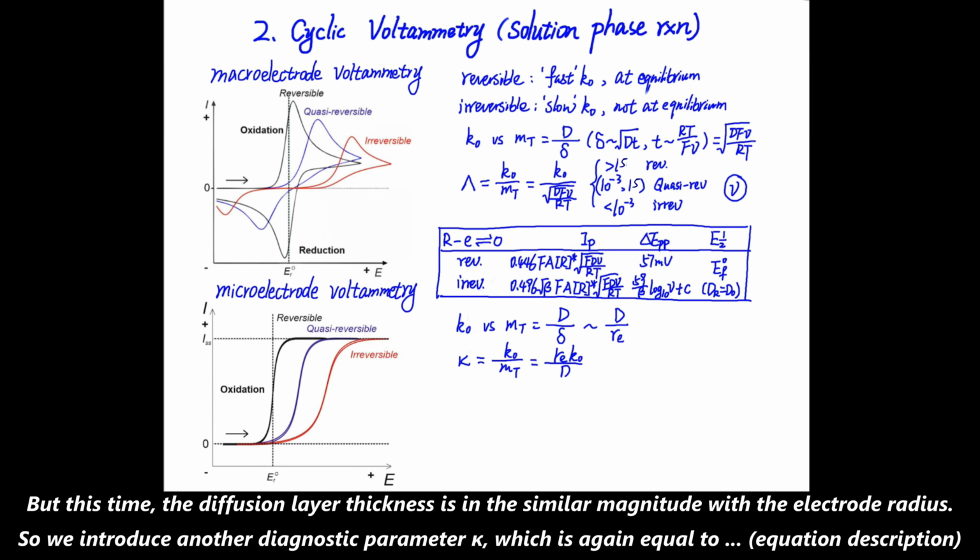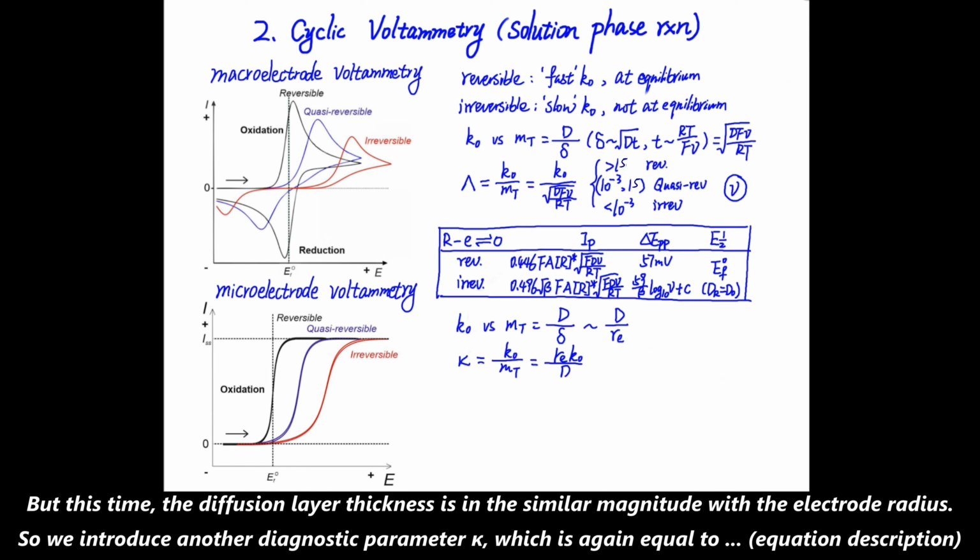So for the same equilibrium, we discuss in terms of steady-state current, and there's no peak-peak separation and also no midpoint potential. But here, the same symbol means the half-wave potential.